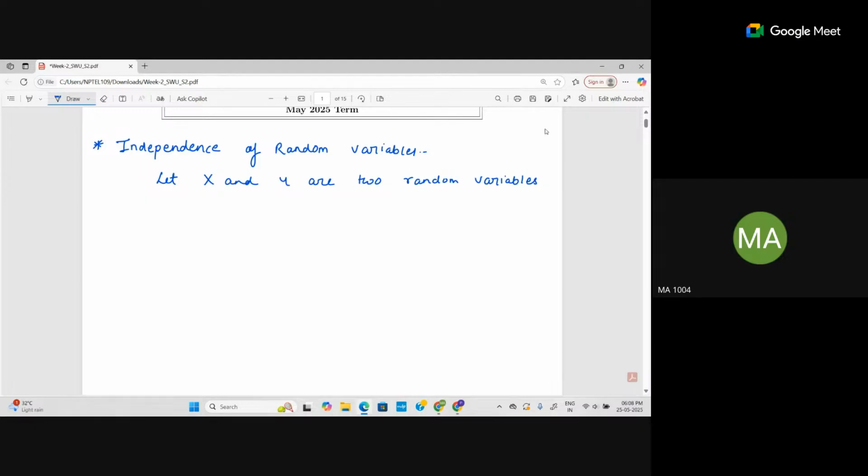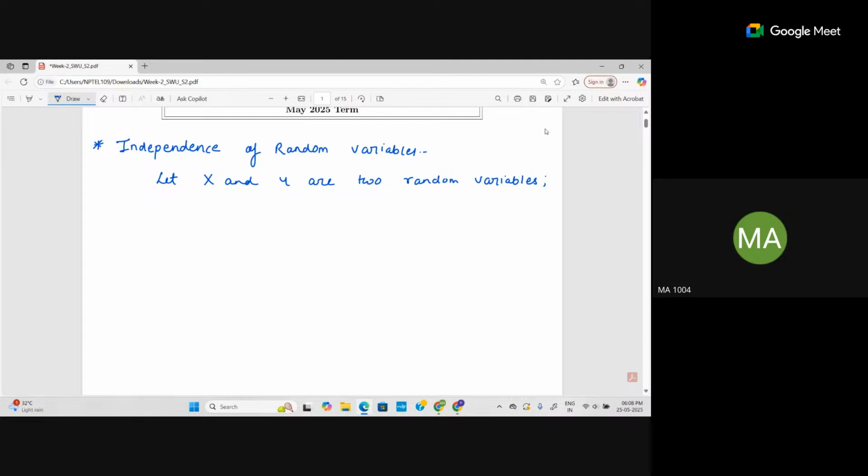In which condition? What is the condition for independence? The joint PMF should be the product of the marginal PMFs. Yes, so their joint PMF should be equal to the product of their marginals.